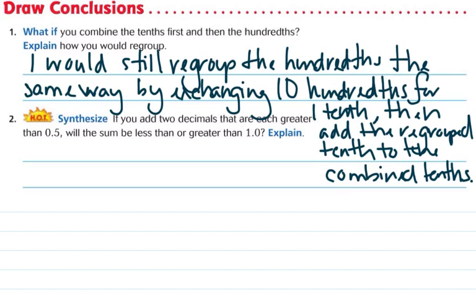So you definitely can do it both ways. It's just another way to think of it. When we add, we usually add the furthest place value first, so we would add the hundredths first. But you could combine the tenths first in addition.